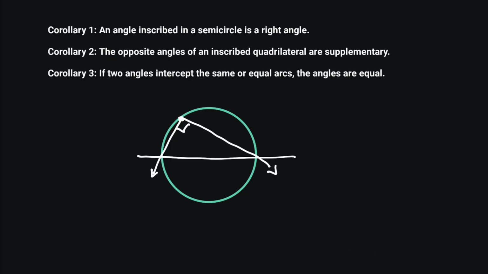If I do it over here, it's going to be a right angle. Maybe I do it in the middle, that's going to be a right angle. So that corollary is really cool because it gives you an idea of always having a right triangle in a semicircle if you intersect the diameters.